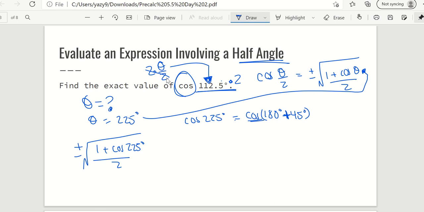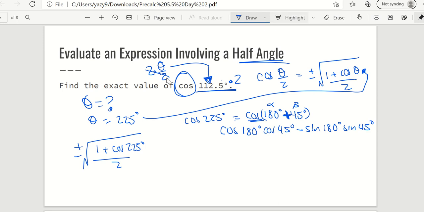This takes you back to another set of rules that we did earlier on in the chapter. Remember, if this is alpha and this is beta, we're doing cosine of alpha times cosine of beta minus sine of alpha times sine of beta. All right, I can deal with this.